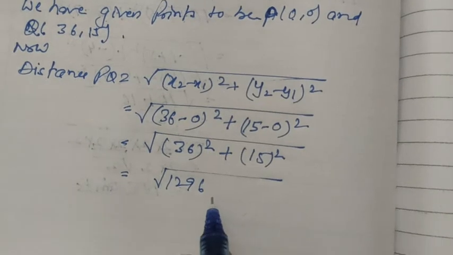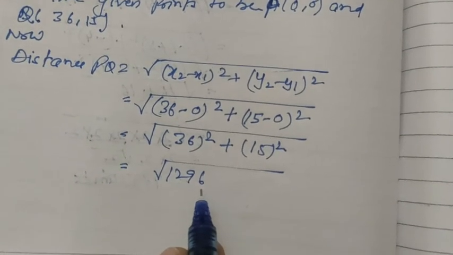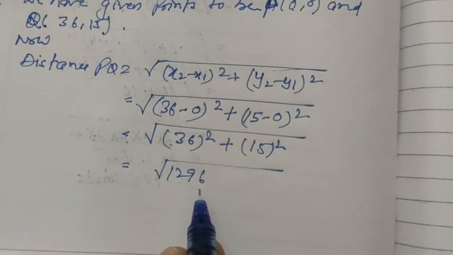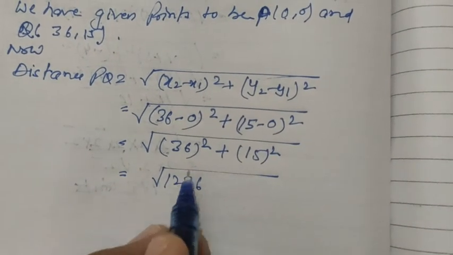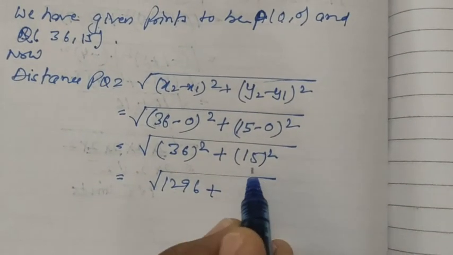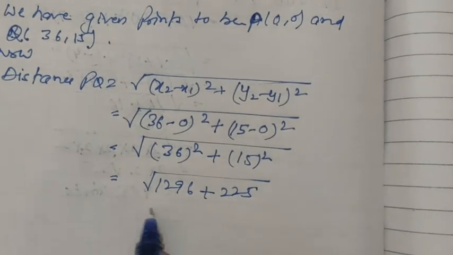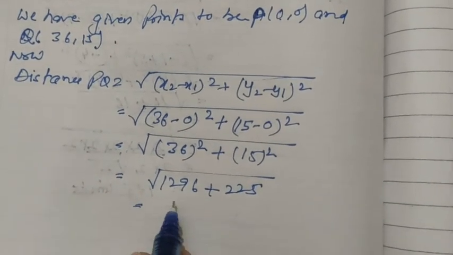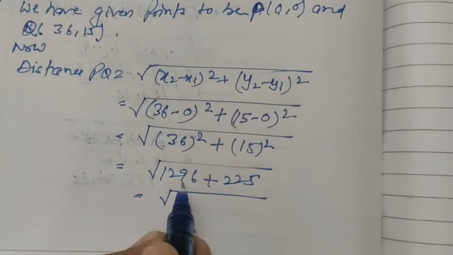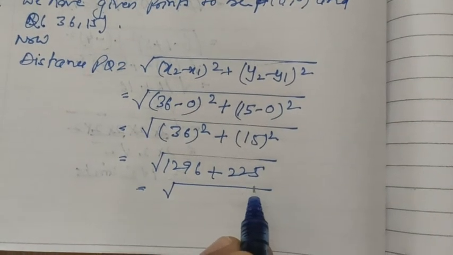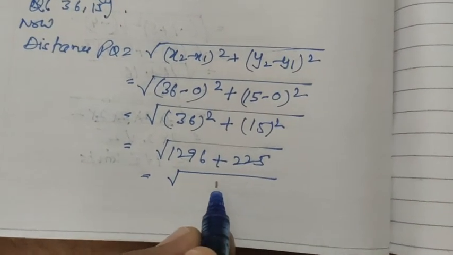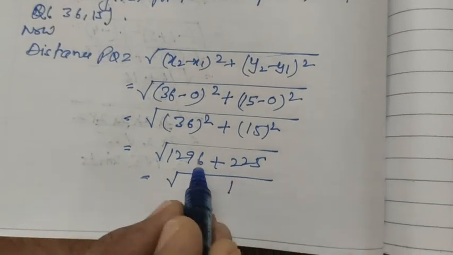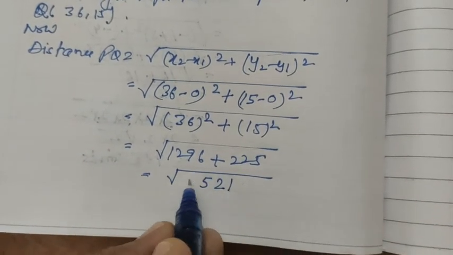I already learned all the squares from 1 to 100 and you must learn squares from 1 to 100. So 36 square is 1296 plus 15 square becomes 225.